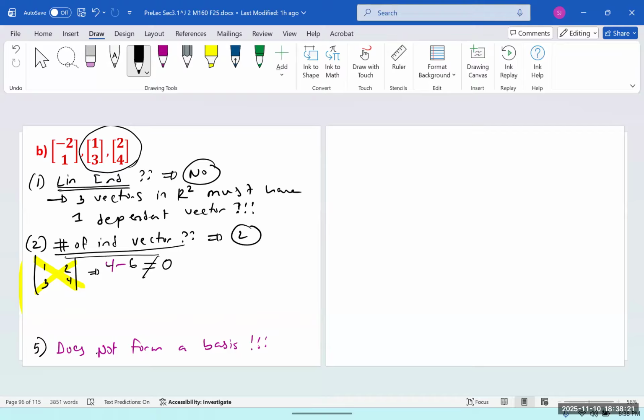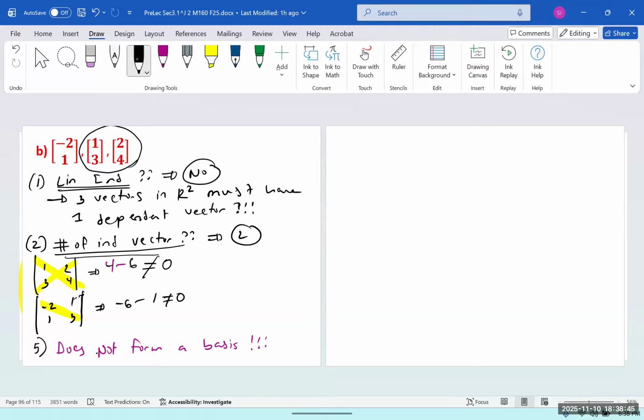Even if we take, for example, -2, 1, and 1, 3, this is -6 minus 1, which is not 0. But can you have 3 independent vectors in R2?